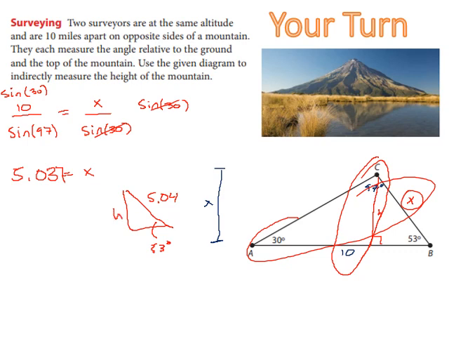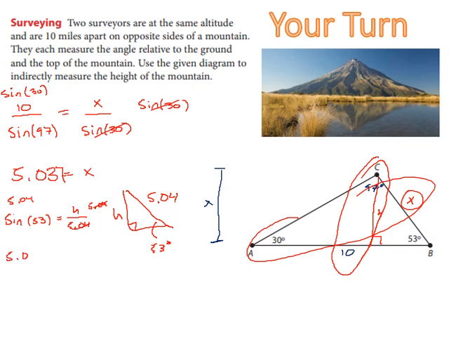And we want h. So that's a sine function because we have opposite hypotenuse. So back to SOHCAHTOA, sine 53 is equal to opposite over hypotenuse, multiply by that 5.04 on both sides.